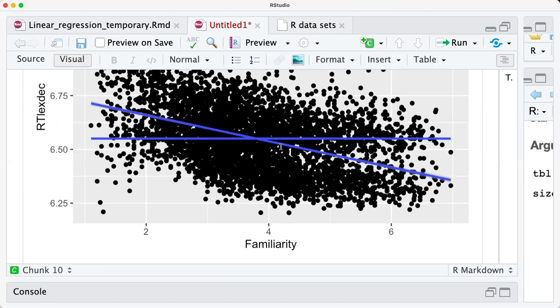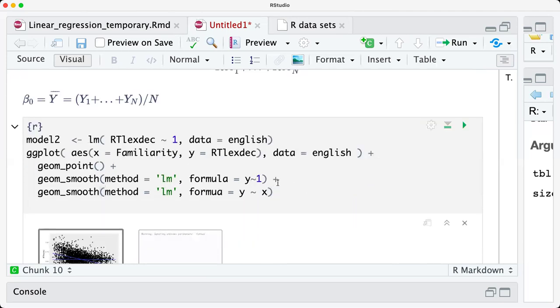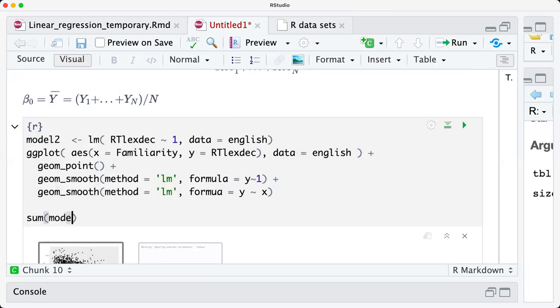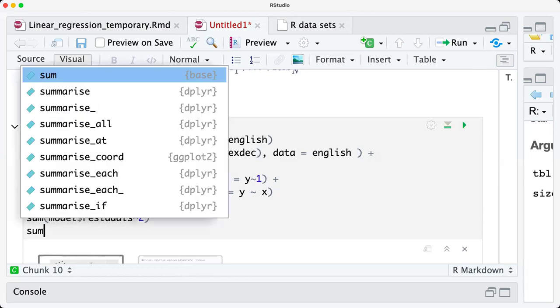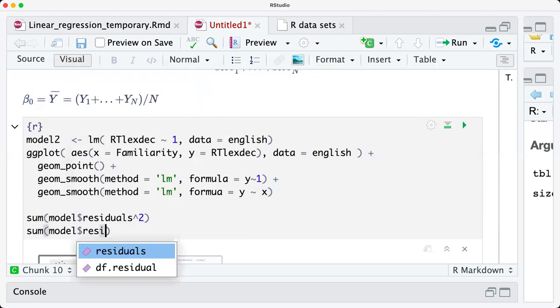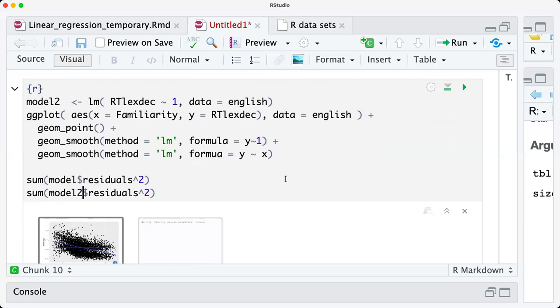because of the definition of the best line. So do you see, if we sum the squares of the residuals of model 1, or we sum the squares of the residuals of model 2, which will be bigger?